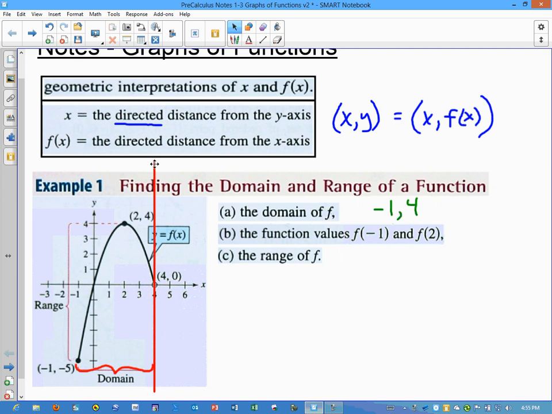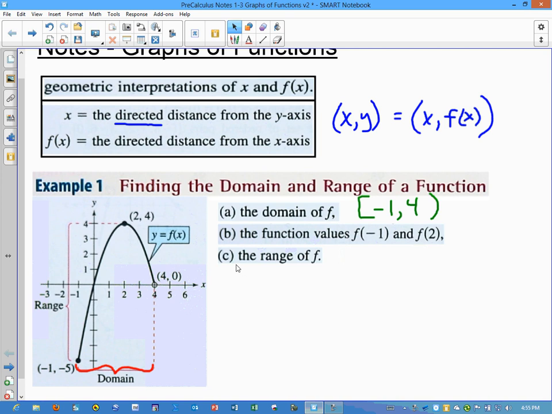But then also notice how for the point where x is -1, that is a filled in circle, which means that point is on the graph. And this is an open circle, which means that point is actually not on the graph. So as far as our interval is concerned, we're going to have a bracket on the left, and a parenthesis on the right, because it's the interval from -1 to 4, including the left bound, but not including the right bound. Now, I'm going to skip over B for a second.